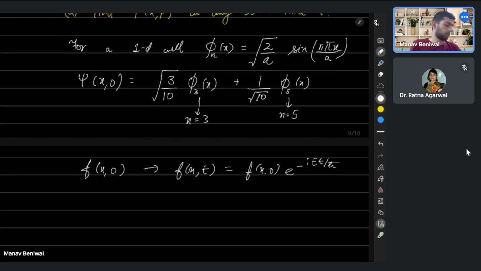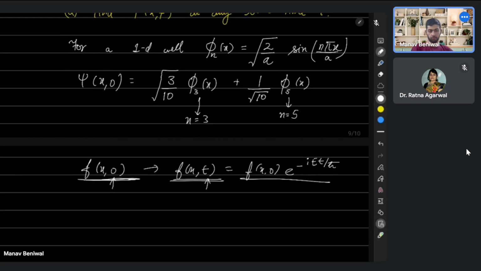Okay, this is how, from the initial condition, from t equals 0, we can write the wave function at any given time t. Okay, if we know the wave function at time t equals 0, we can write for any time t like this. So we take the initial wave function and then simply multiply it by this term.